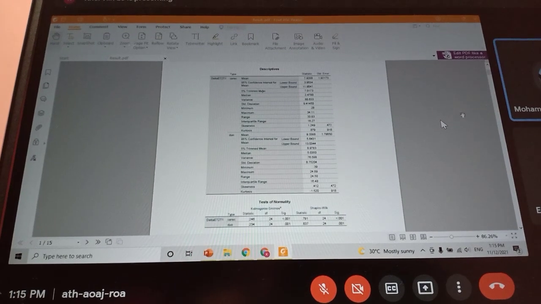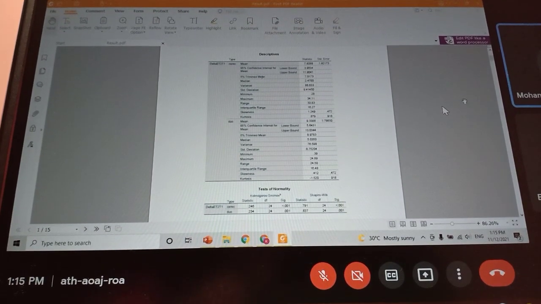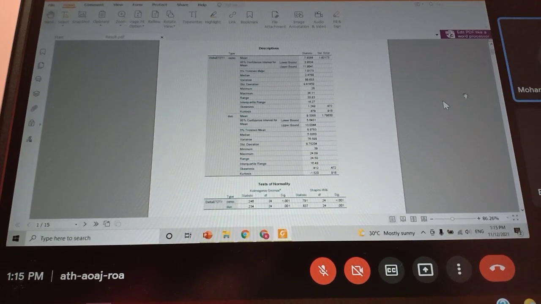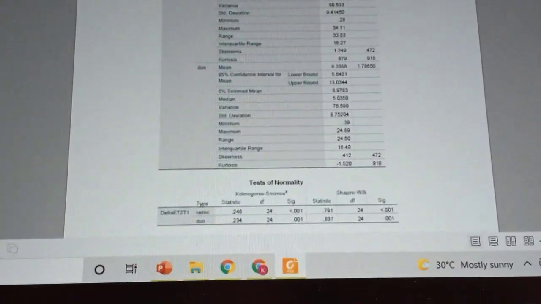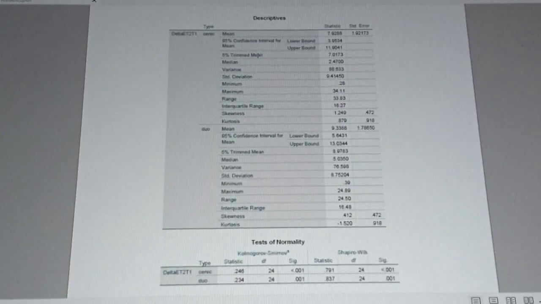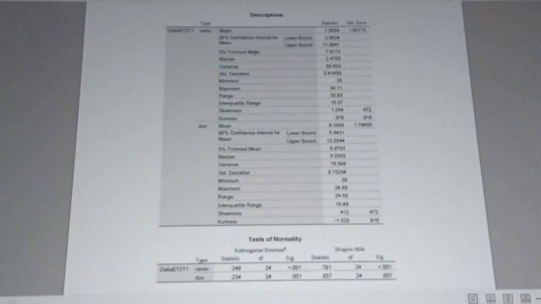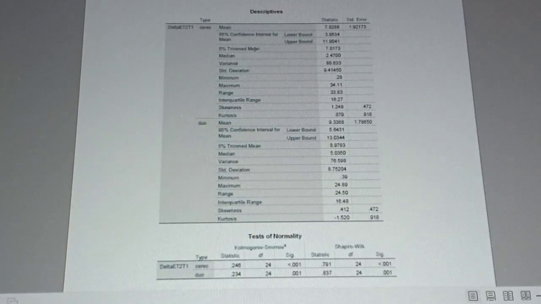Using the mathematical method, the statistic value of the skewness or kurtosis should fall between positive and negative twice the value of the standard error. So the statistic value should fall between minus 2SE and positive 2SE. That's the mathematical method of doing it.